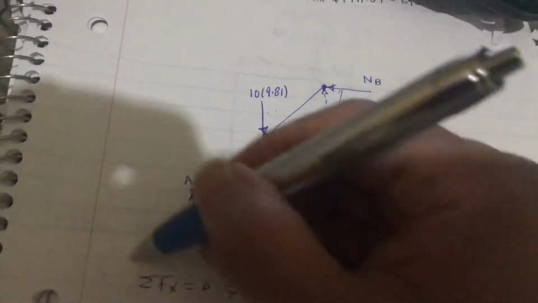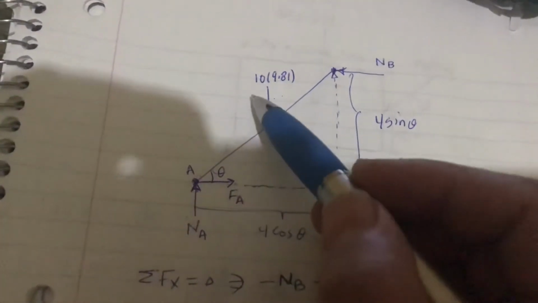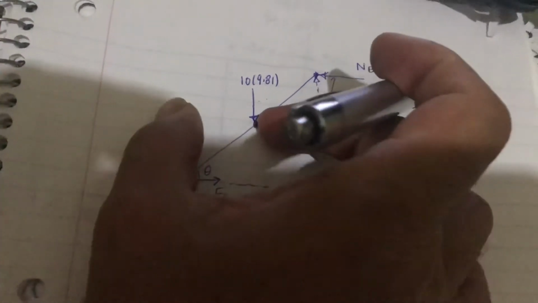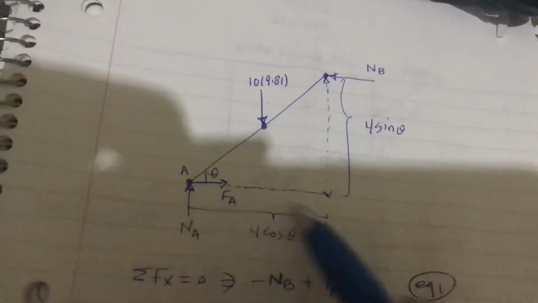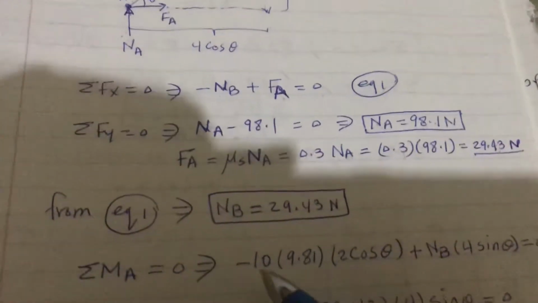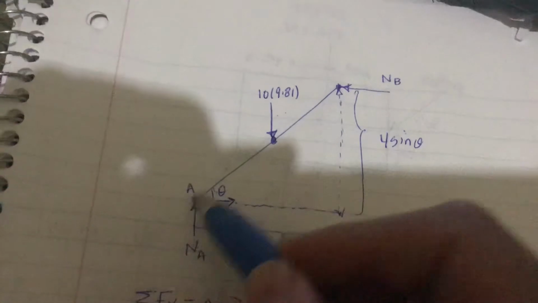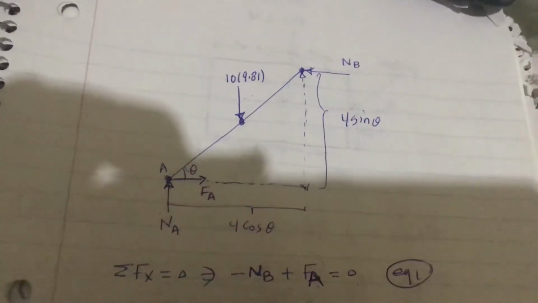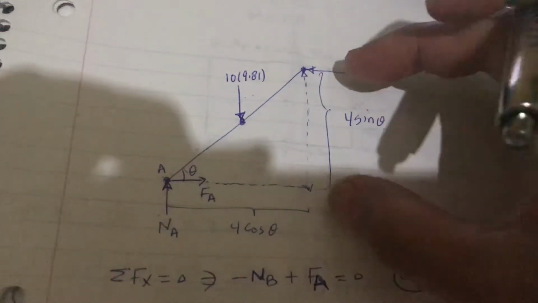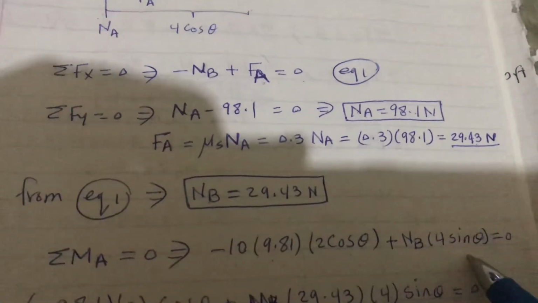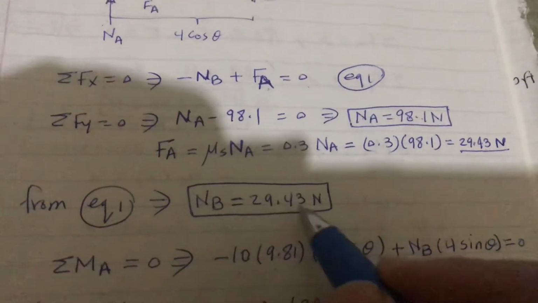This force will rotate in the negative. So minus 10 times 9.81 times the distance from here to here. This is 4 cosine theta, half of it is 2 cosine theta. So minus 10 times 9.81 times 2 cosine theta. And this force, if you make a nail like this, is going to go like this, positive. Nb times 4 sine theta. Remember Nb, we found it here, 29.43.